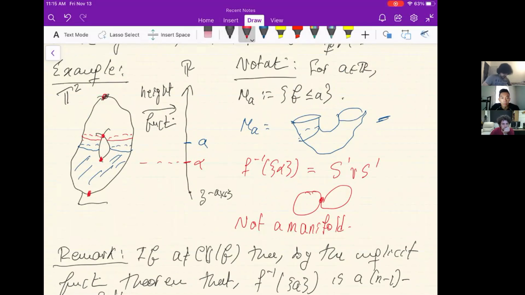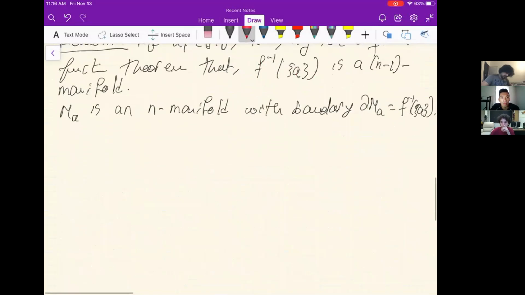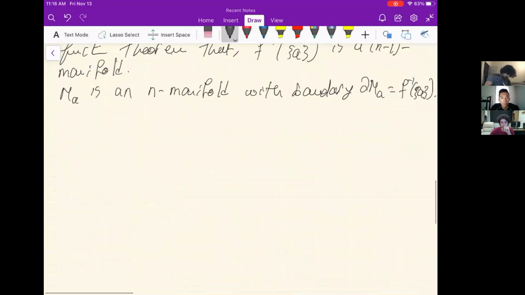This means that if you want to study the handle body of a smooth manifold, or how the topology of these sublevel sets is changing, you only need to focus on the critical points of the Morse function, which are finite. In the case of the torus, there are only 4 points where the topology of sublevel sets changes.